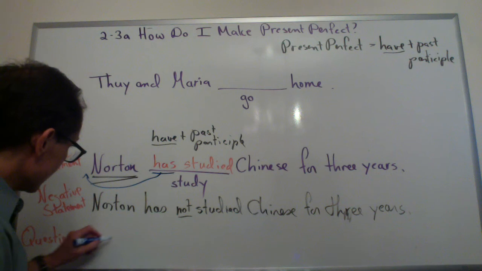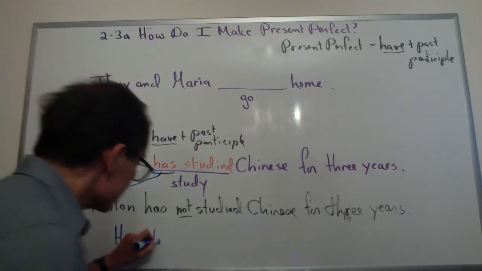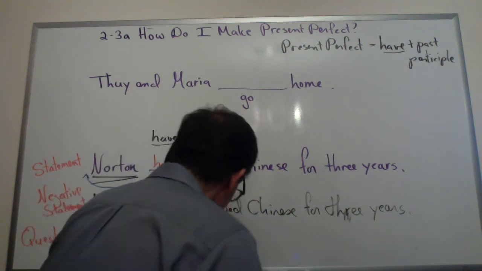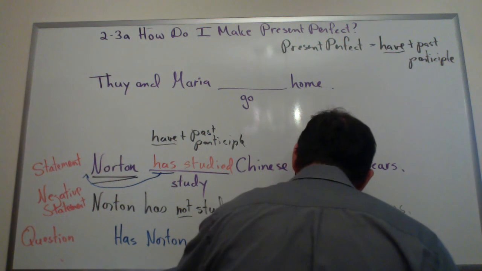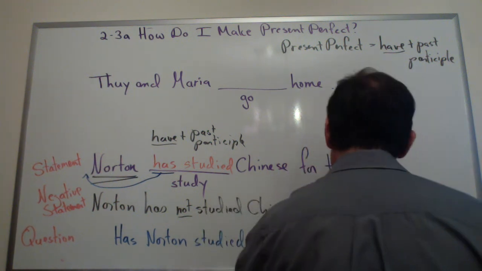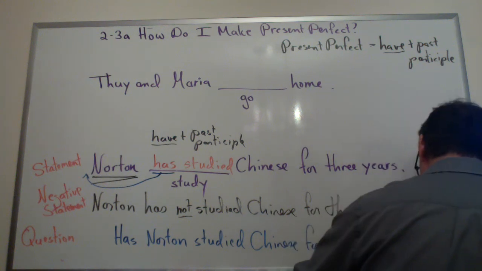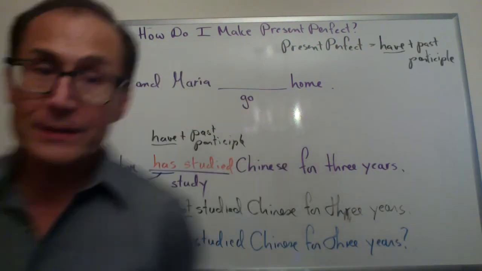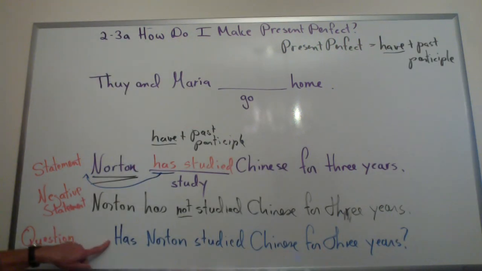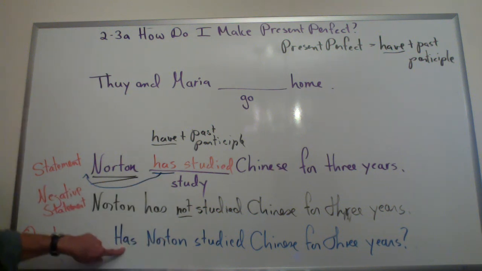So I would say, has Norton studied Chinese for 3 years? Okay? And that's my basic question. Has Norton studied Chinese? I just take the has that was here and I move it in front.